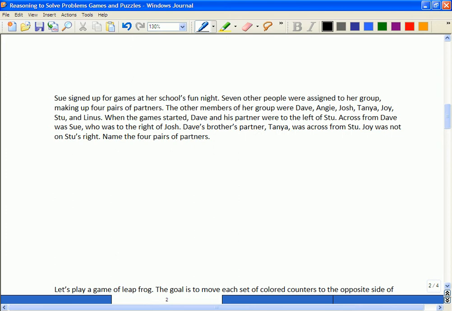Okay, so you're using the first clue here. When the game was started, Dave and his partner were to the left of Stu. So how did you set it up then?